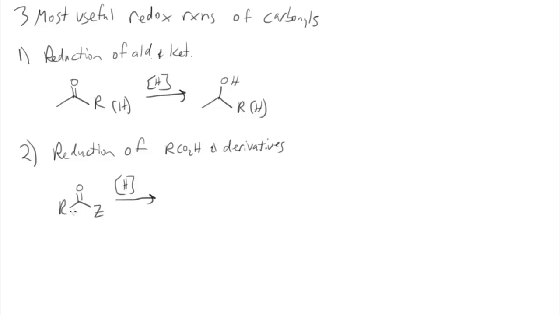The next set of reactions that we'll look at will be the reduction of carboxylic acids and their derivatives, again as a generic reducing agent. And these will sometimes reduce to the aldehyde and will sometimes reduce all the way to an alcohol, depending on the reaction.